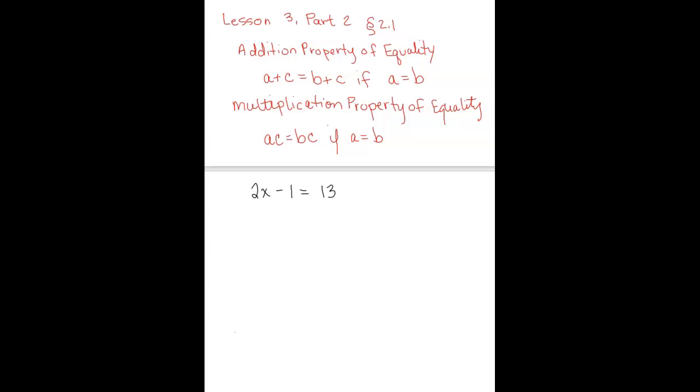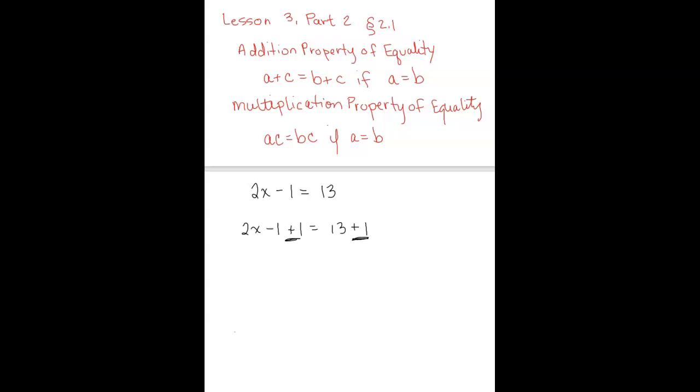All right. So I've got a problem here that says 2x minus 1 equals 13. Well, I want to get rid of this minus 1. So the way I'm going to do that is I'm going to say 2x minus 1 plus 1 equals 13 plus 1. Now, if I add this here, I also have to add this here.